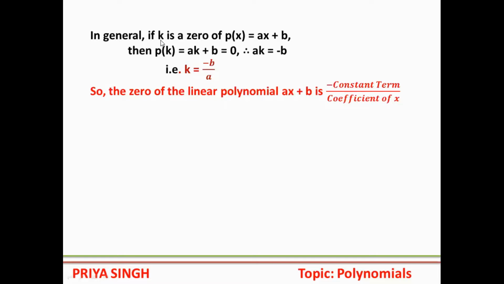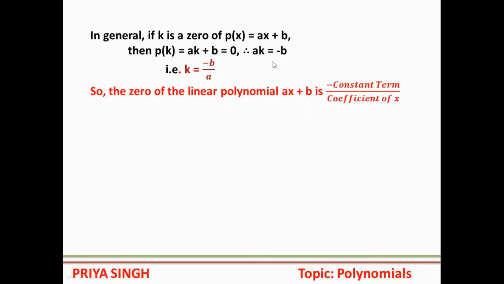I want to find, if p of k is 0, then what is the value of k? What I'm simply going to do is put x is equal to k. I get p of k is equal to ak plus b is equal to 0. I have put x is equal to k. Taking b to the RHS, I get ak is equal to minus b.